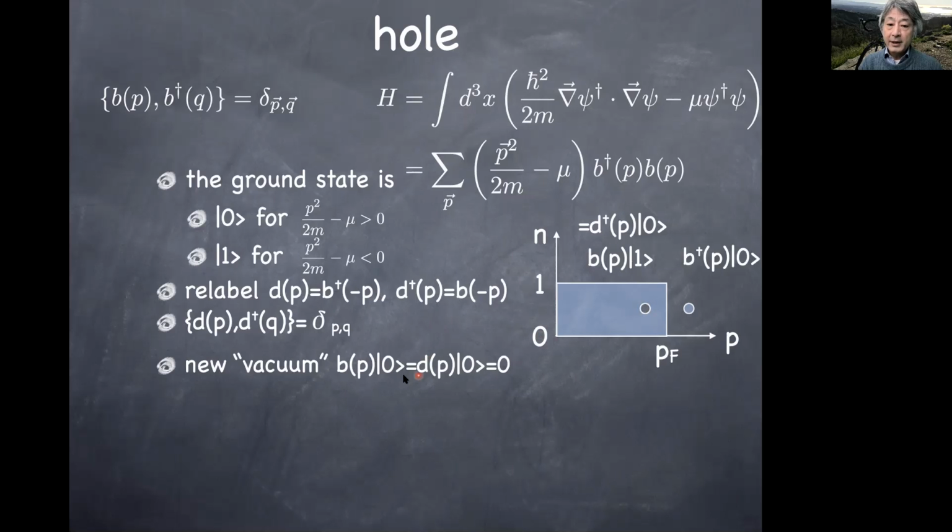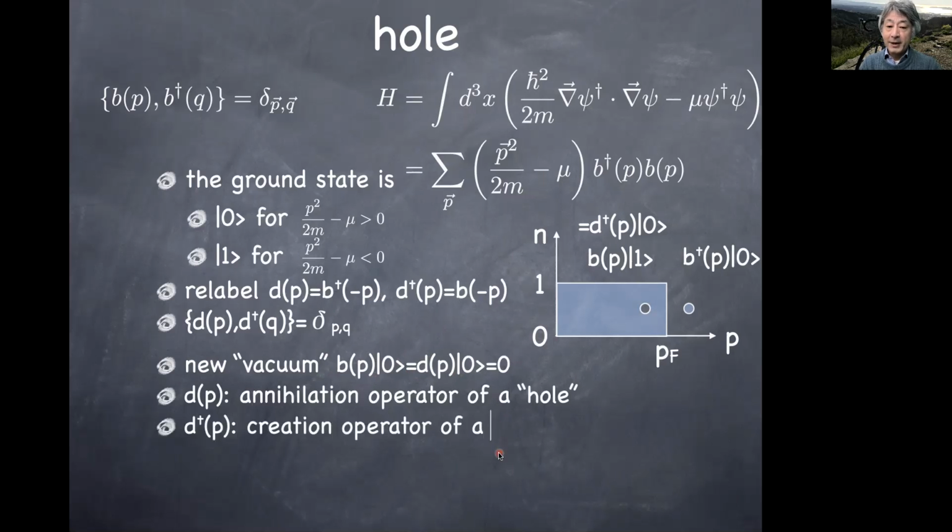So now the ground state is the vacuum state with respect to both particle and hole annihilation operators, and the excited state is described using creation operators, which is mathematically easier to deal with, because when you create something, it makes sense that you raise the energy to the excited state.